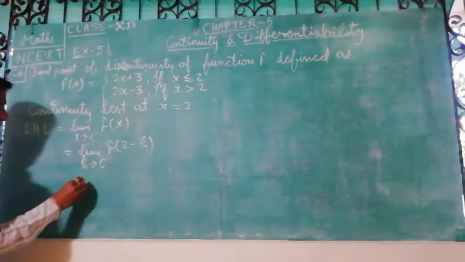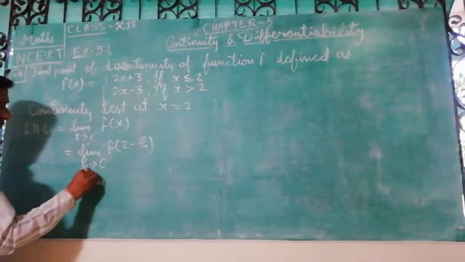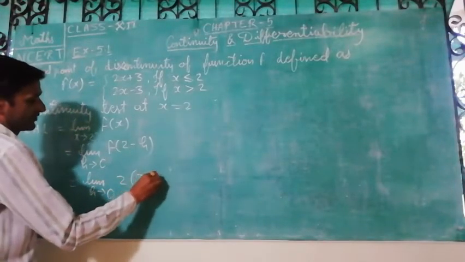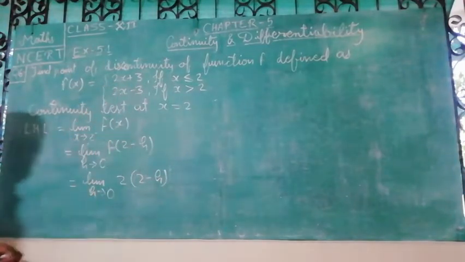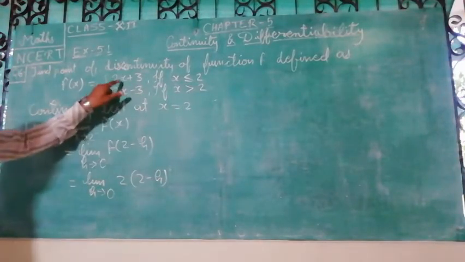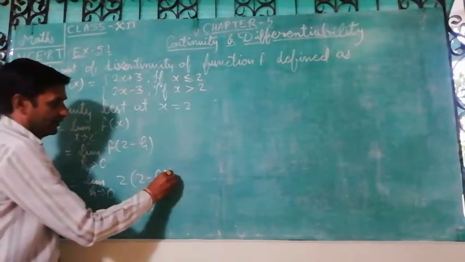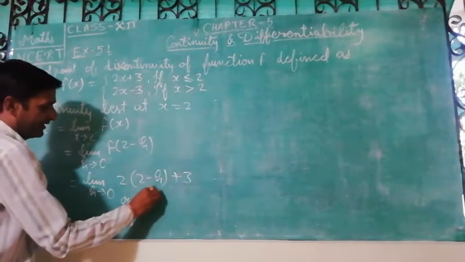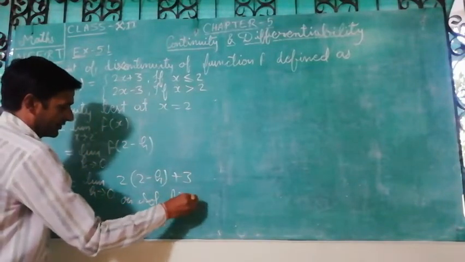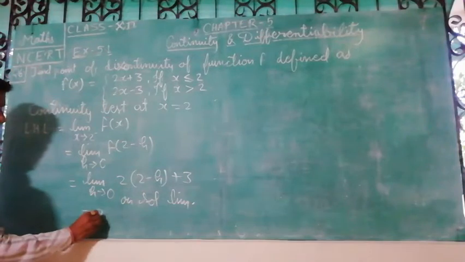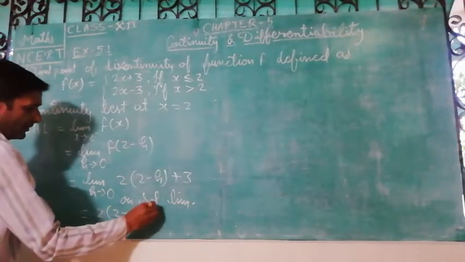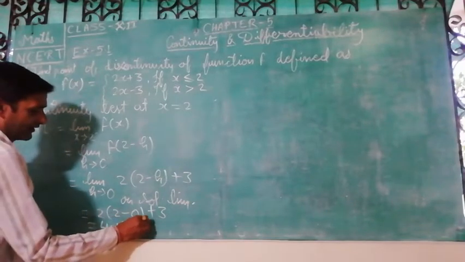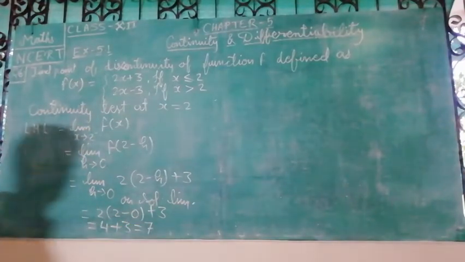So we may write here limit h tends to 0 of 2 into 2 minus h plus 3, because in place of x we are writing 2 minus h. On solving, this will become 2 into 2 minus 0 plus 3, that is 2 into 2 plus 3, which is equal to 7. So this left hand limit is 7.